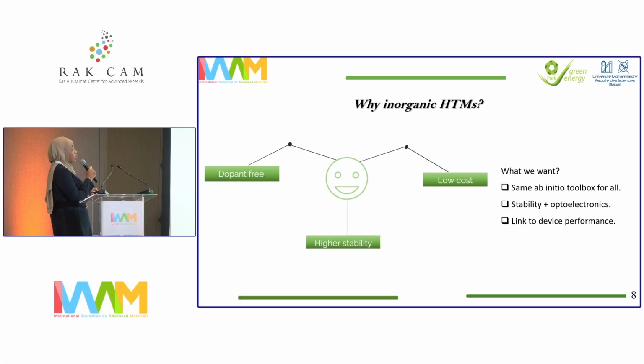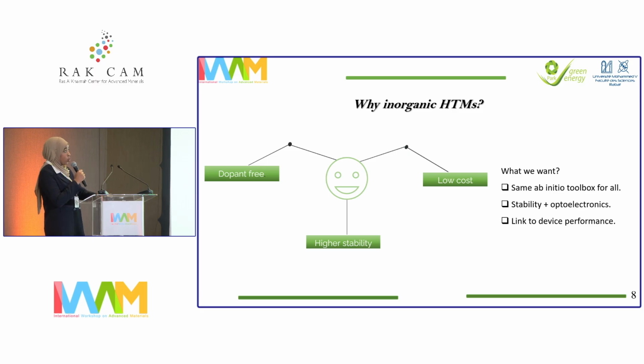For the inorganic HTMs, we use them because we can get high efficiencies without using dopants. They are also not expensive, so there is a possibility of commercializing this technology at a cheap price, and they have high chemical stability.